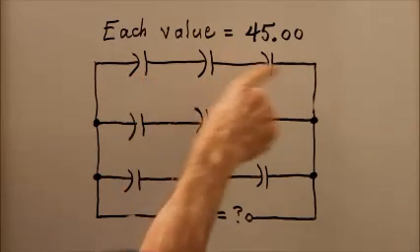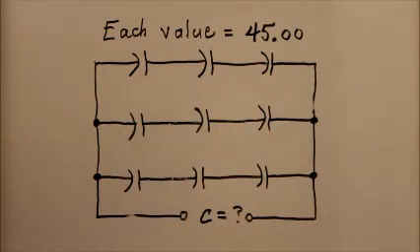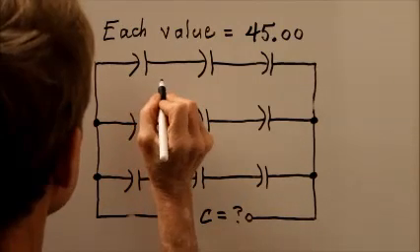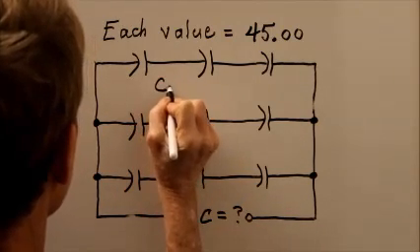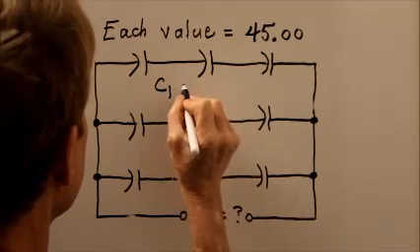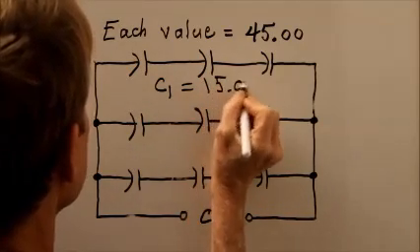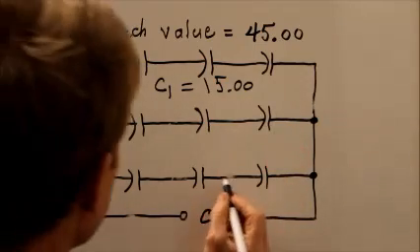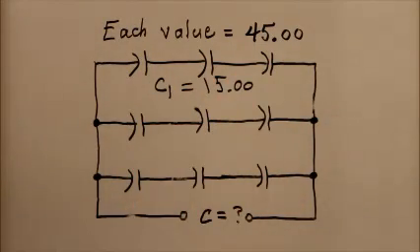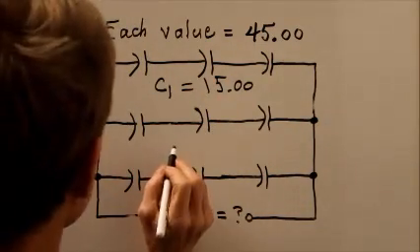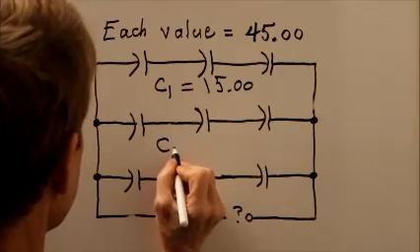This particular series combination of 3 capacitors will turn out to have a net capacitance, let's call that C sub 1, of 15.00 picofarads, 1/3 of each of the individual values.